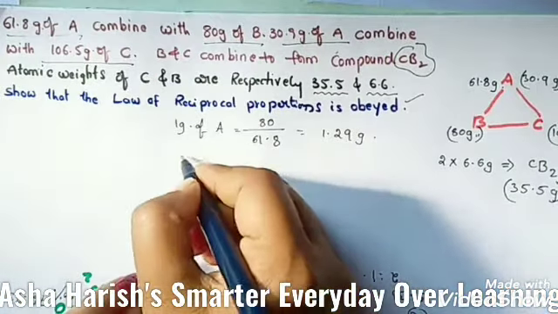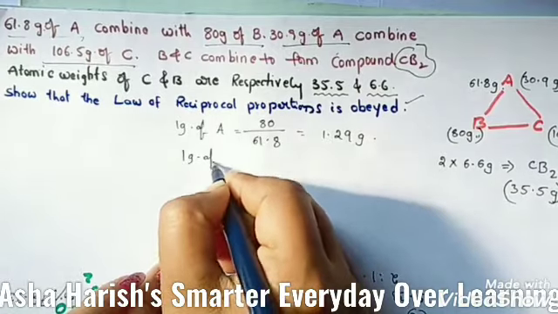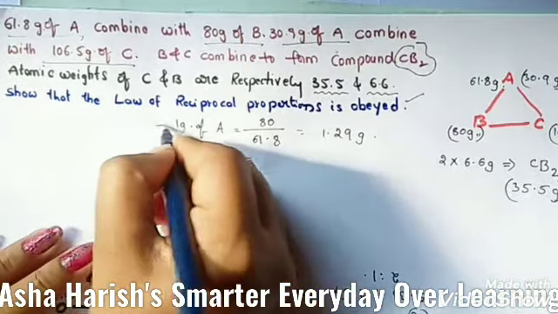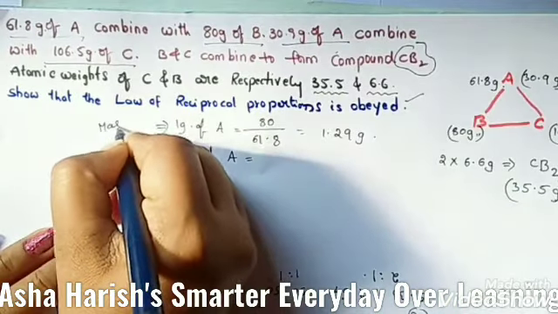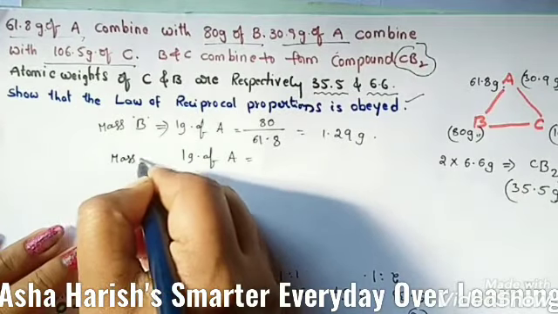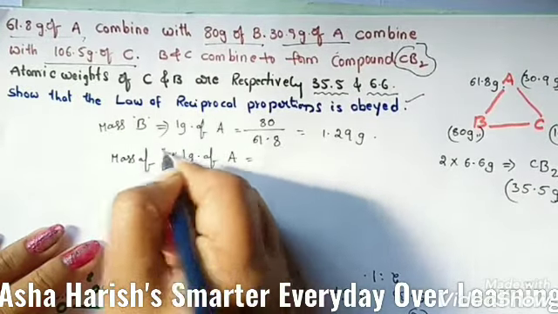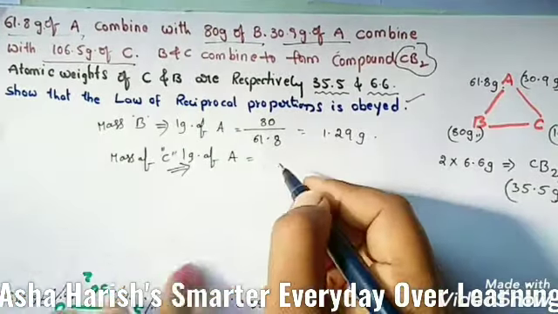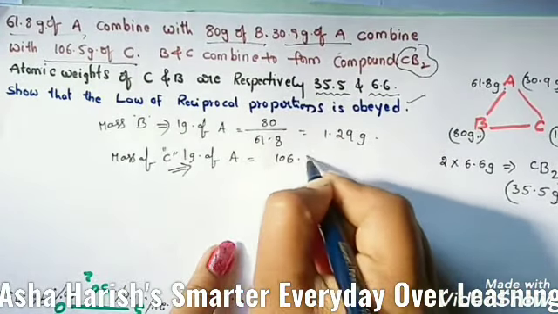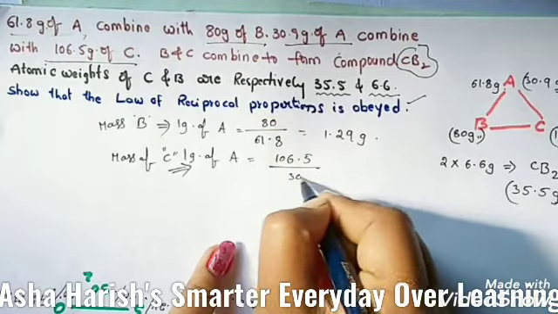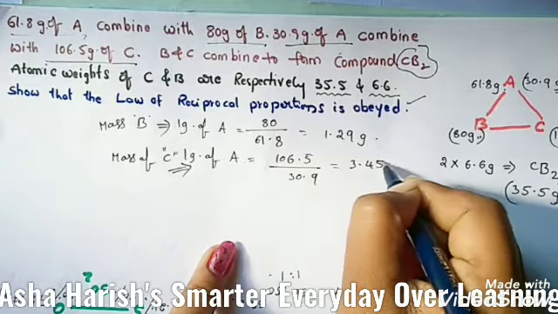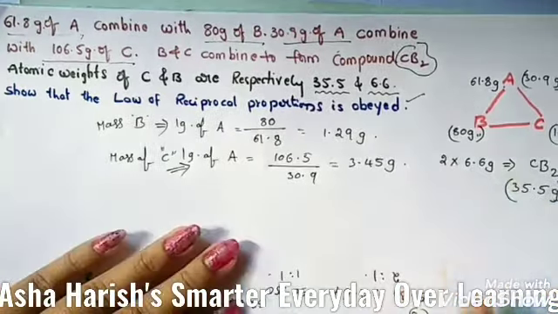Now the next one, the mass of C combining with 1 gram of A is equal to 106.5 by 30.9, approximately 3.45 grams.